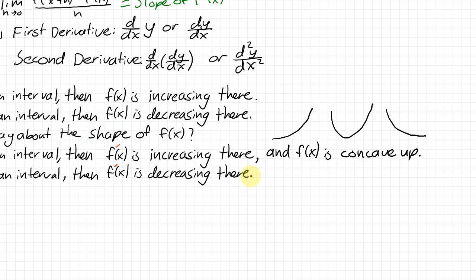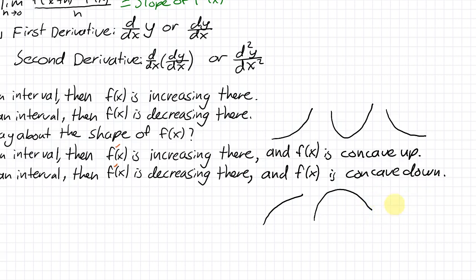And if f prime is decreasing, that means f of x is concave down, and concave down means the graph might look like that, an increasing function that is concave down, or it might look like that, or it might look like just this part.